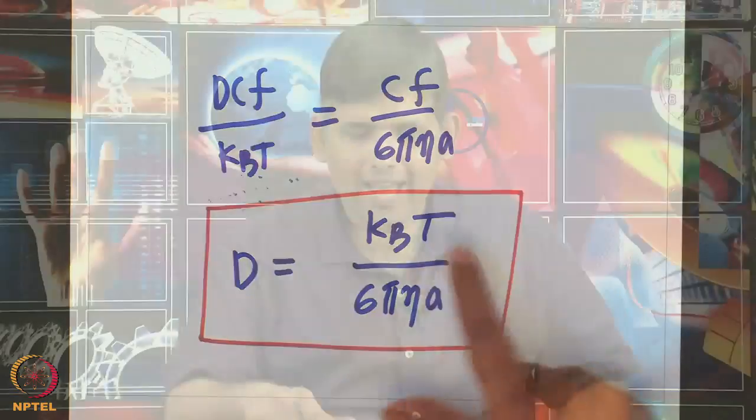Now, let us calculate this kBT for a typical biological molecule which is of our interest. Let us take some protein, like actin or any protein of our interest, which has a size of the order of a few nanometers. Let us take a approximately 1 or 2 nanometers.